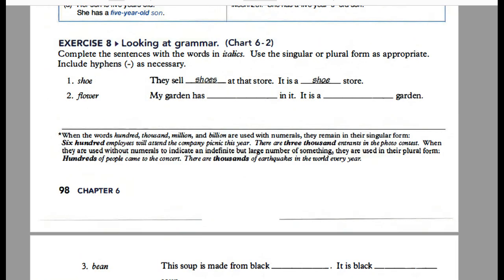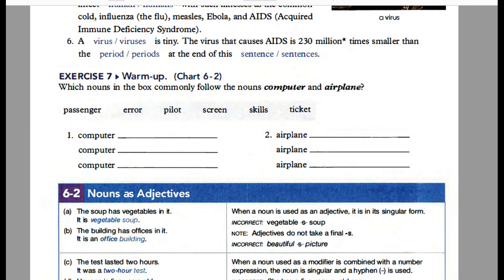Number 2, here we have nouns as adjectives. Before we start, what do we mean by nouns as adjectives? Sometimes we speak some sentences and we feel that it's an adjective, but for sure it's not an adjective.